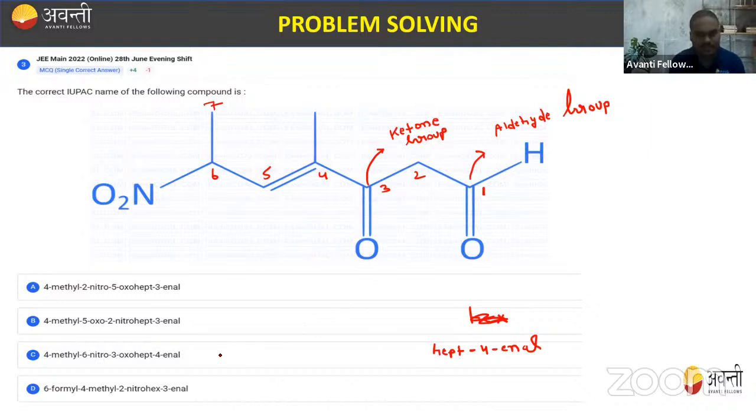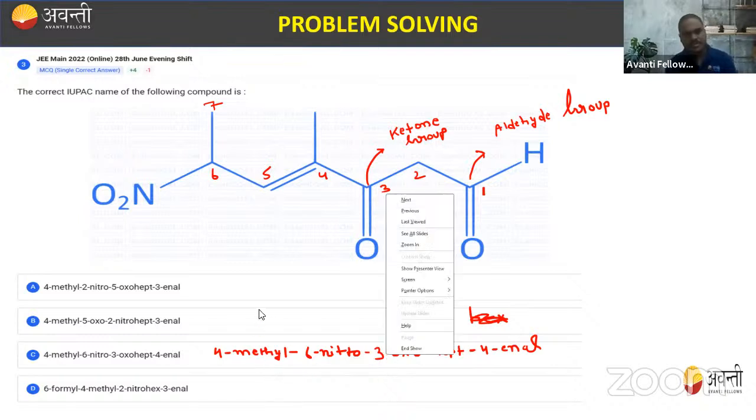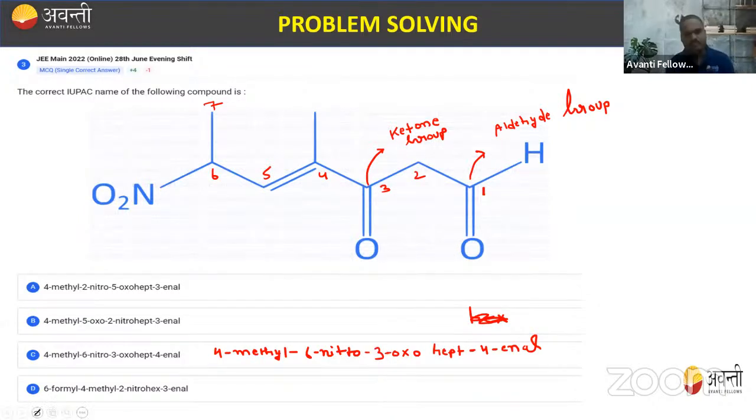So this is 4-methyl, and then comes 6-nitro, and it is named 3-oxo, because whenever a ketone is taken as a substituent, it is named oxo. So this is the correct name: 4-methyl, 6-nitro, 3-oxo, hept-4-enal.